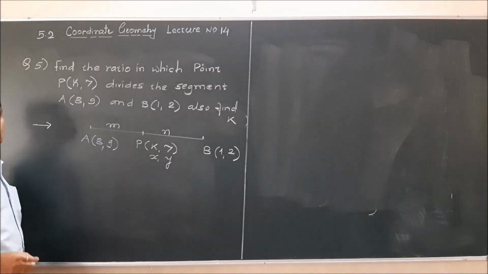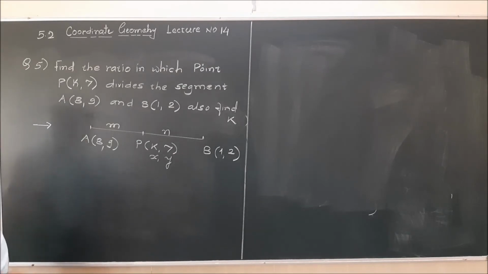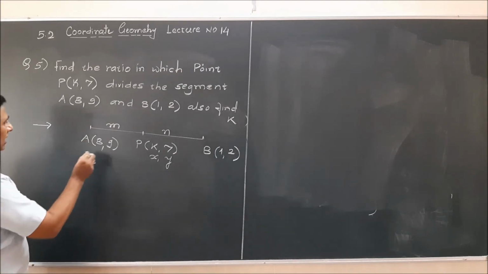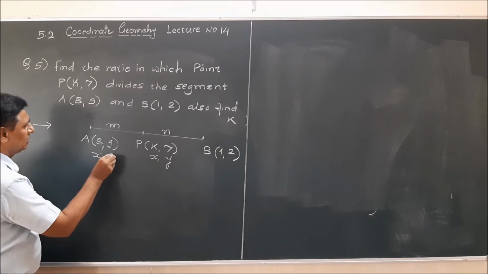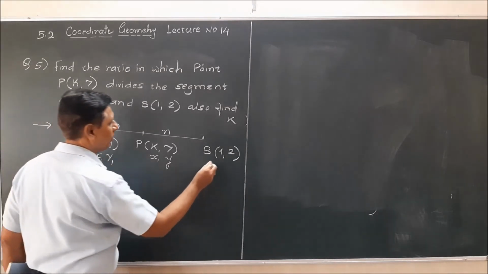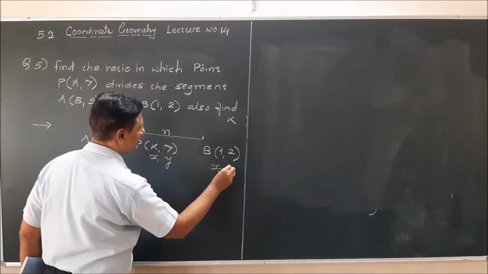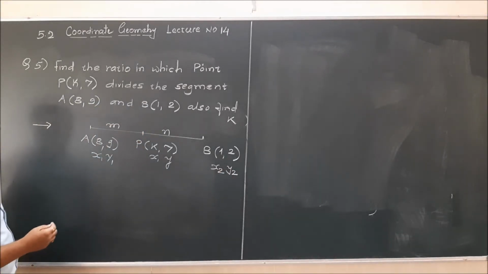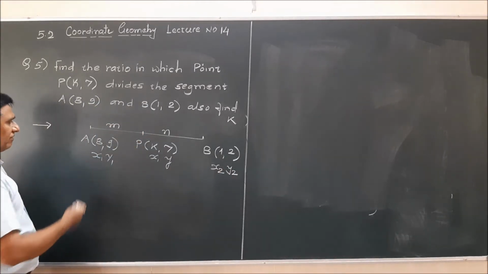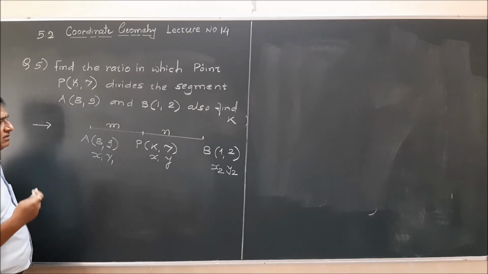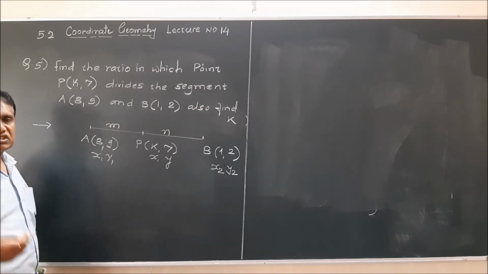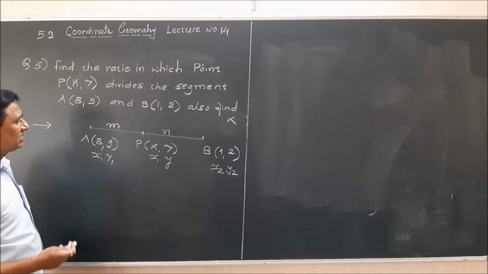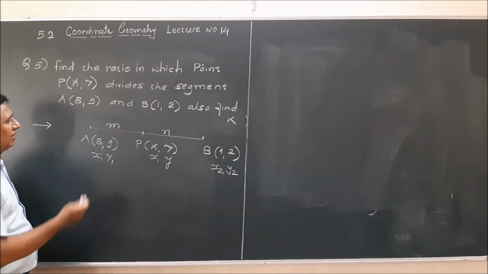Let's take the coordinates of P, k comma 7, as x y, A as x1 y1, B as x2 y2. So here I have taken the coordinates of A and labeled them x1 y1, coordinates of B as x2 y2, and P, k, 7, as x y.